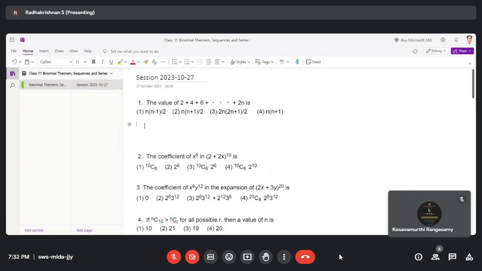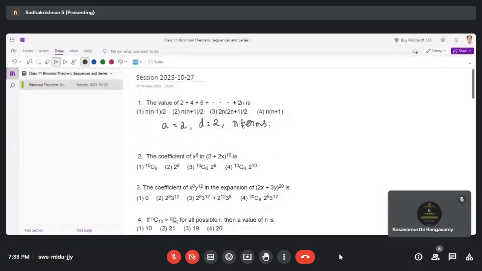We just have n terms: 2, 4, 6, etc. up to 2n. a is equal to 2, d equal to 2, and the number of terms is n.